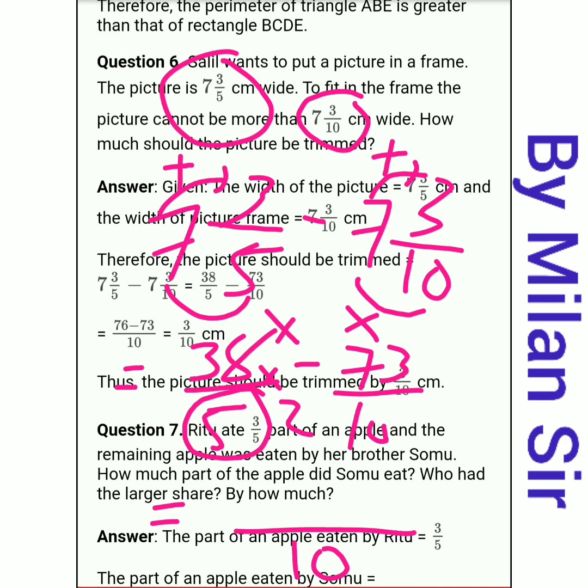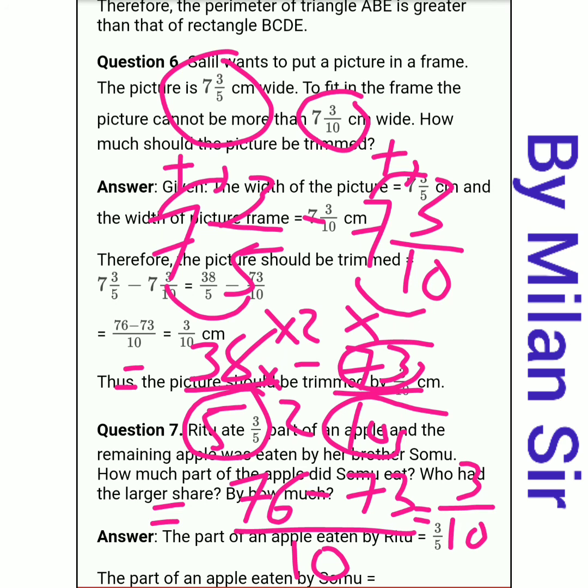The same number we need to multiply with our numerator. 38 into 2 is 76. Then in the second term we already have denominator 10, so we do not need to change anything. So our numerator 73 as it is. Now in the numerator 76 minus 73 is 3, divided by 10 as it is.